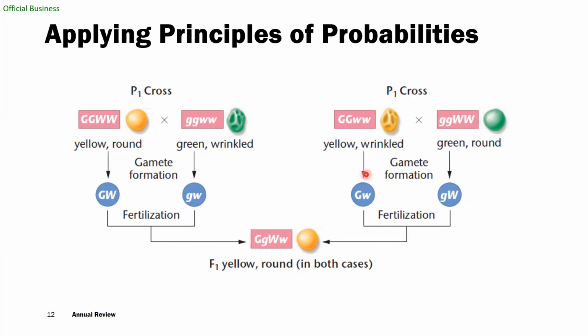So you have a cross of, for example, yellow and green. Apparently, no, it's yellow that is the dominant one, and the wrinkled is the recessive. Green wrinkled.